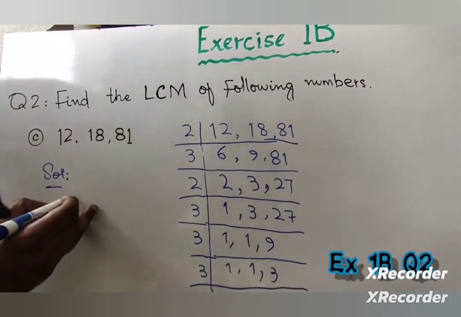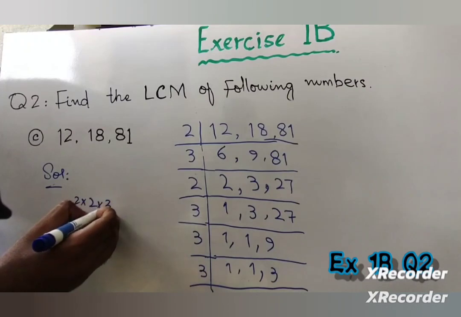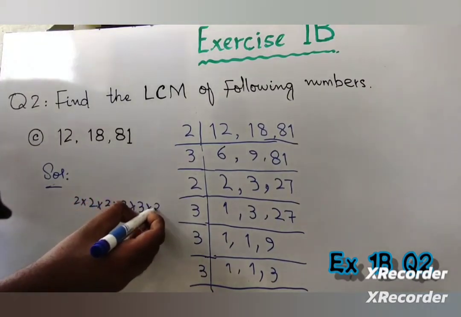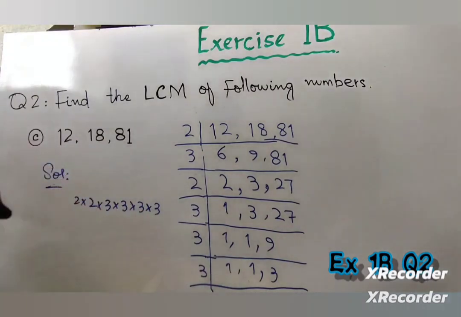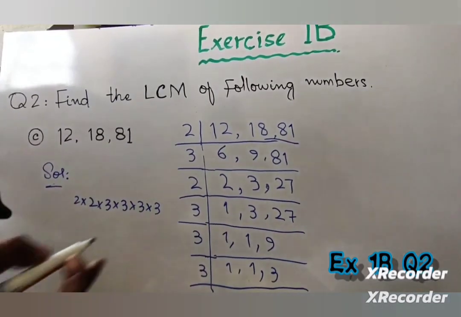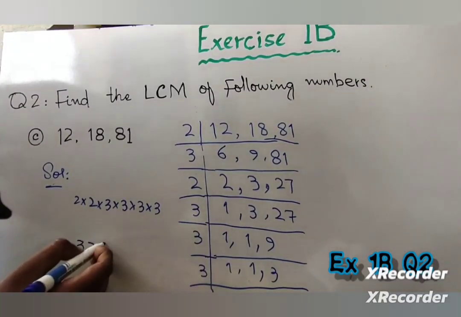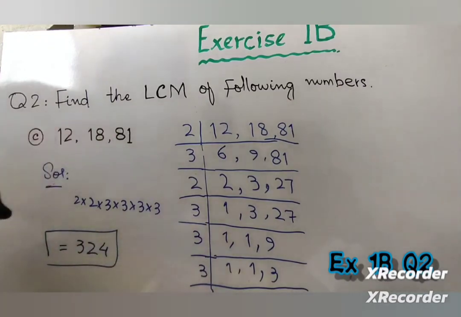So we get the factors 2 multiplied by 2 multiplied by 3 multiplied by 3 multiplied by 3 multiplied by 3. And what we got? So we get the answer 324. So 324 is the LCM of these three numbers.